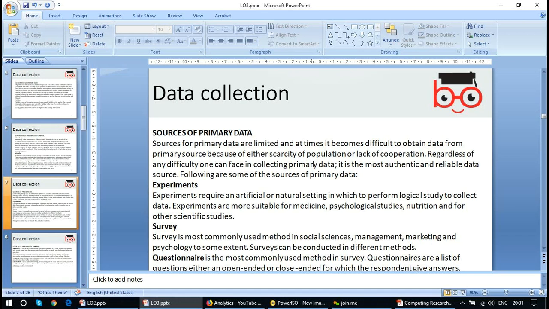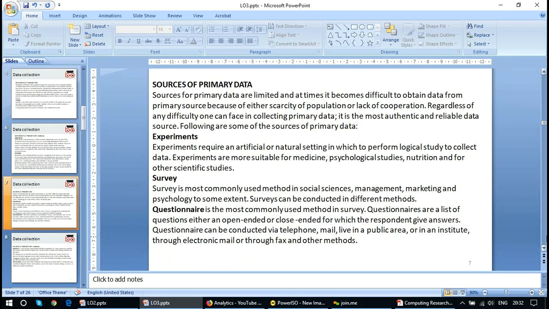Experiments are more suitable for medicine, psychological studies, nutrition, and for other scientific studies. So that is obvious that in order to get the sources of primary data, you will have to do your own experiment, and doing an experiment is not easy, isn't it?